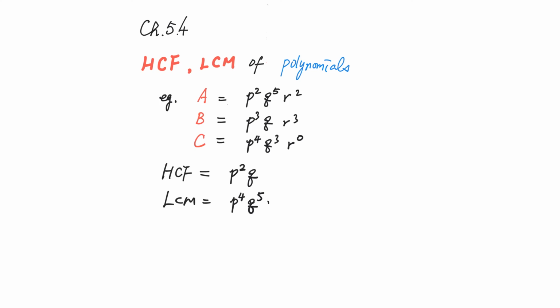So you should take the highest one. So this should be R to the power 3. And you check R to the power 2 can make R to the power 3 by multiplying R. Also, R to the power 0 multiplied by R to the power 3 equals R to the power 3. So we can write down the LCM like this.